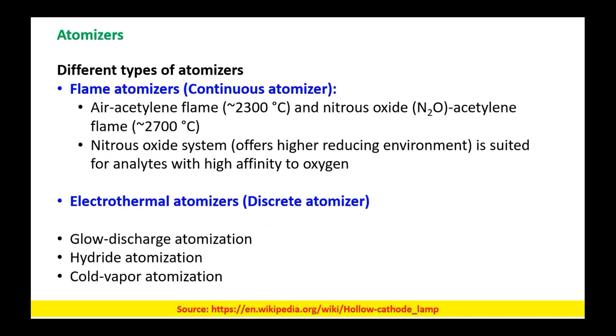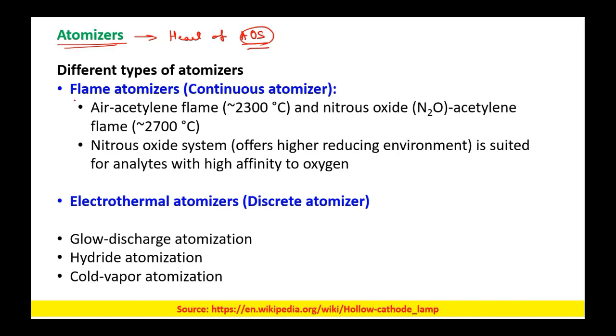So atomizers, these atomizers, they are the heart of any atomic optical spectrometry. Okay, so if you have a bad quality atomizer, then your analysis will not be that good. There are different types of atomizers.